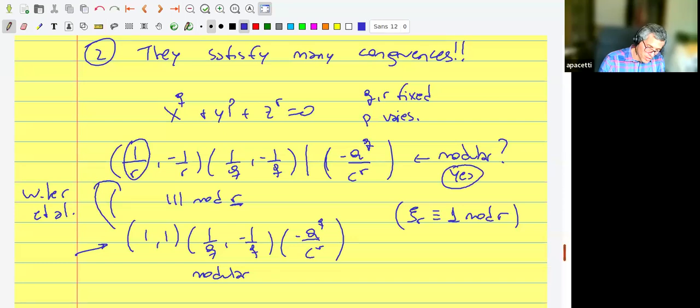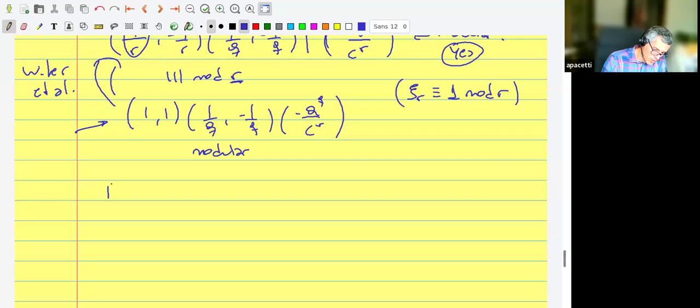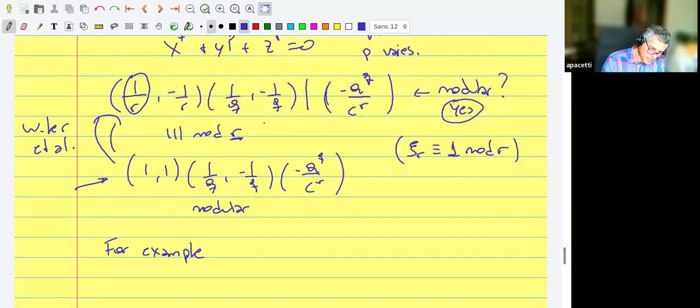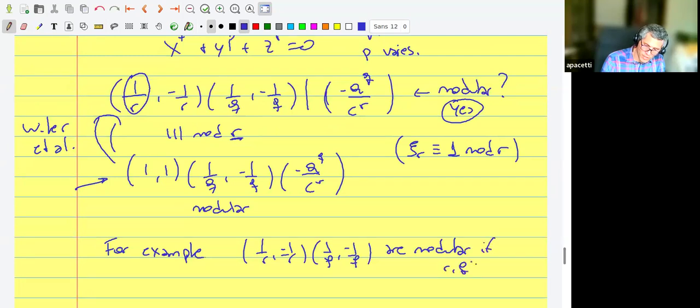And so, for example, these motives here are modular if r and q are larger than 3 and different. Then you do have modularity, and then you can go ahead and try to compute a particular space of modular forms where these things appear.